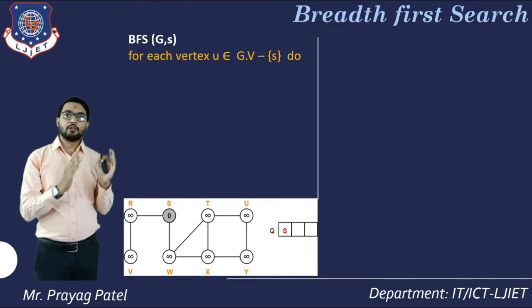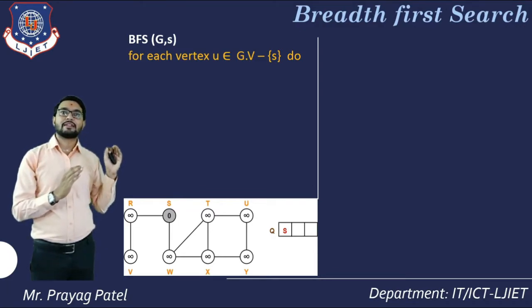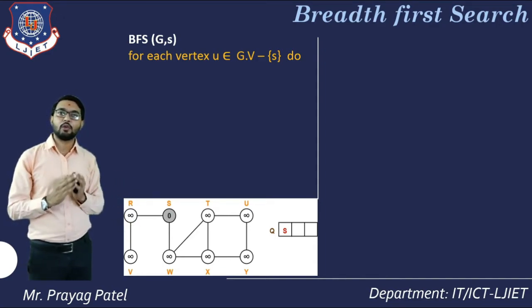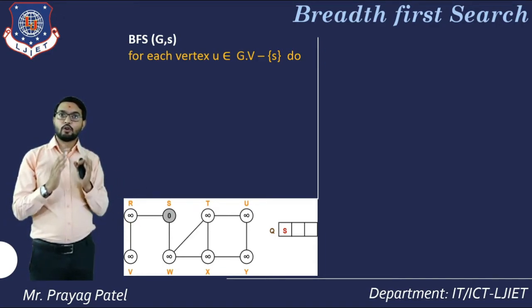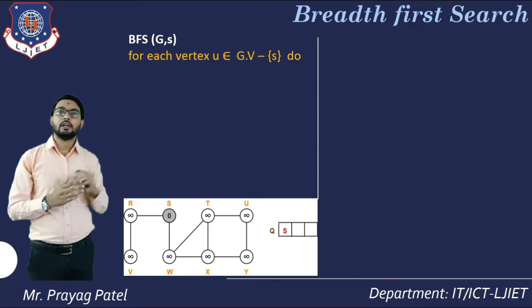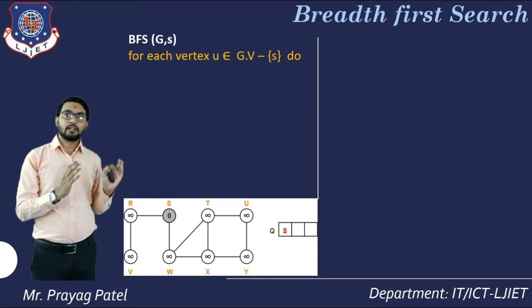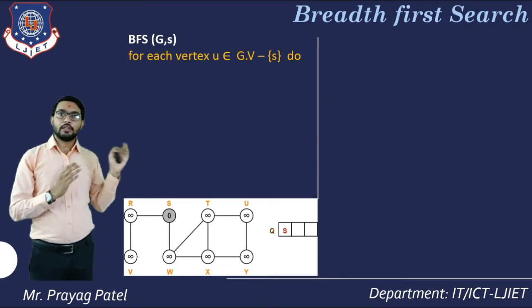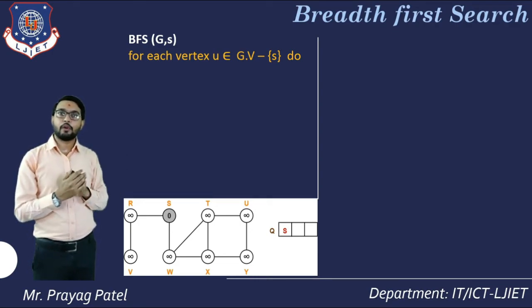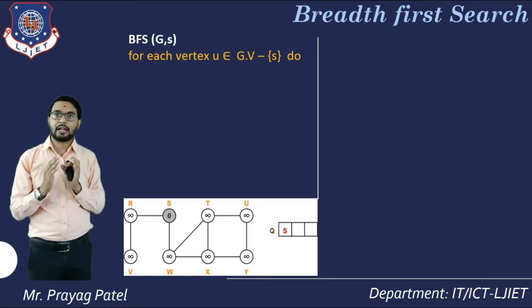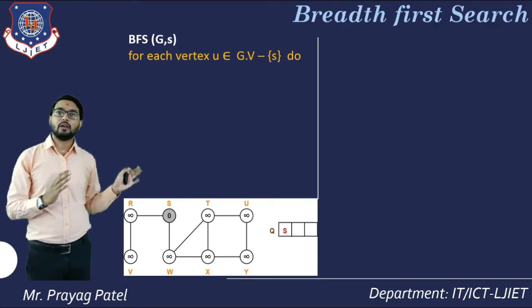For each vertex U belonging to G.V minus S, meaning for each and every element U, which is a node of the given graph. G.V means the nodes or vertices of the given graph, minus S because we consider S as the starting point. So G.V minus S means remove the starting point from all the remaining nodes.